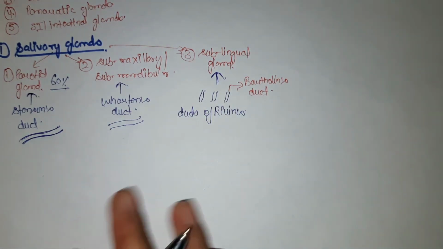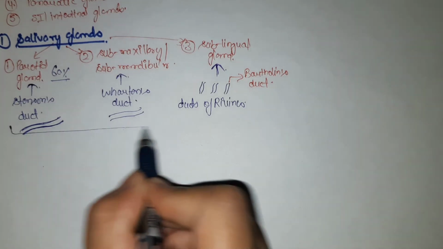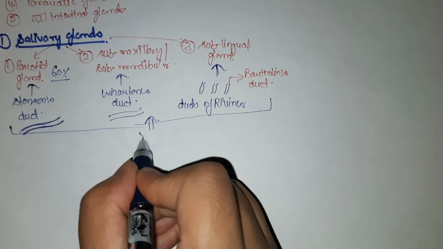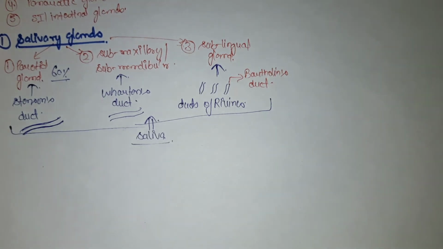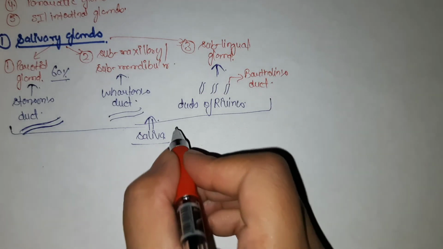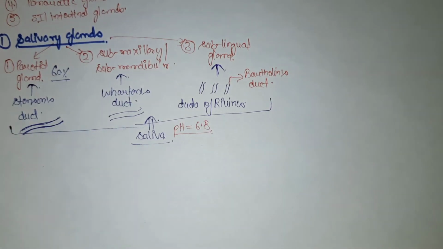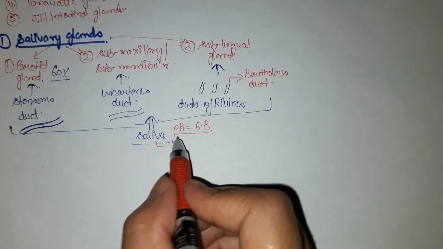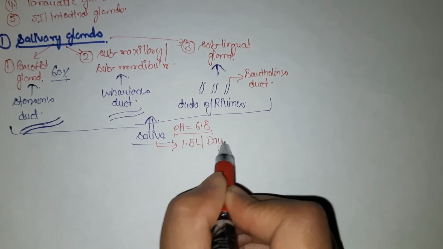As I told you, the function of these salivary glands is secretion of saliva. The pH of the saliva is approximately 6.8. This is written in NCERT, that the pH of saliva is 6.8, and all these three glands secrete almost 1.5 liters of saliva per day.